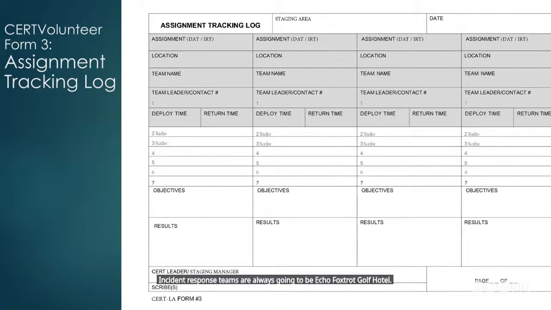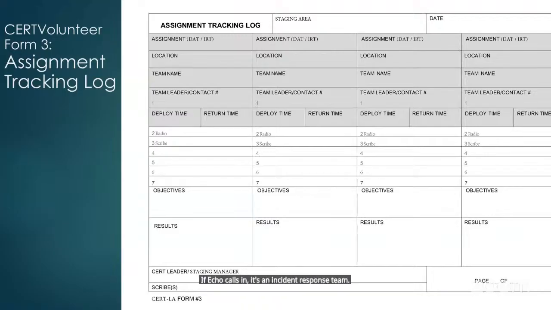Because if Delta calls in, I don't need to think about whether that is a damage assessment team or an incident response team. If Charlie calls in, are they damage assessment or incident response? If I'm mixing and matching, that's more thought I need to put in trying to coordinate what I have. If Delta calls in, it's a damage assessment team. If Echo calls in, it's an incident response team.